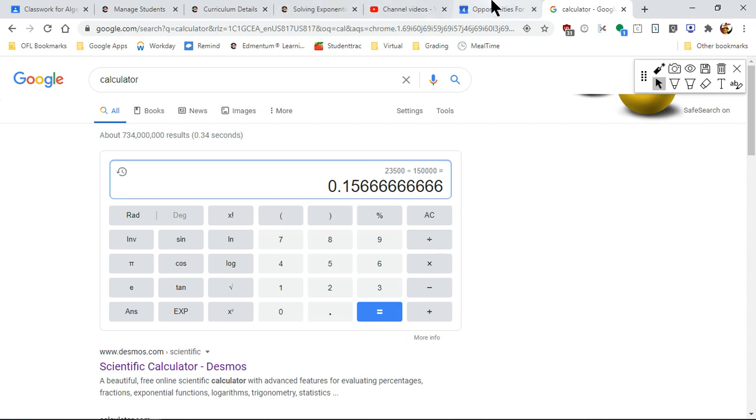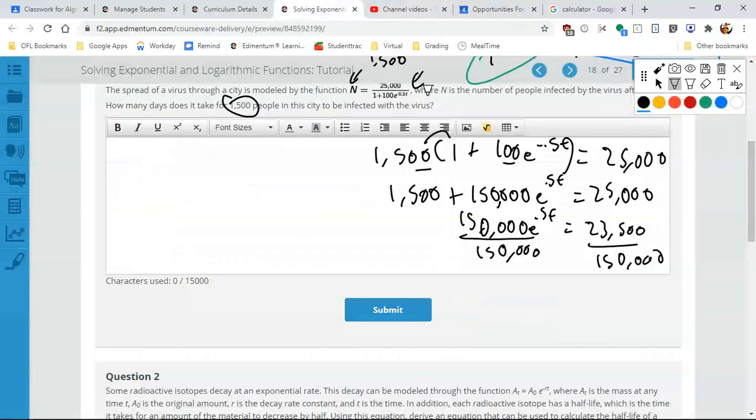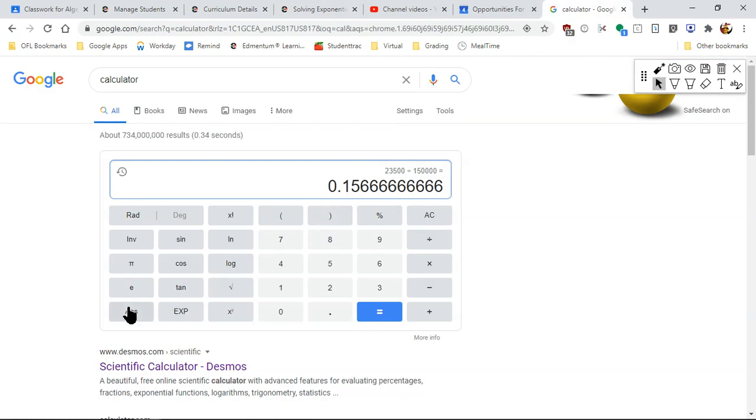I'm just going to do it as 0.16. Hopefully this doesn't end up being too picky. So I end up getting e^(-0.5t) equals 0.16. Then I'm going to ln this. Luckily, there's an answer key on the Google calculator.